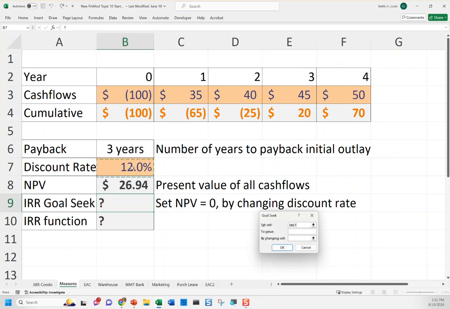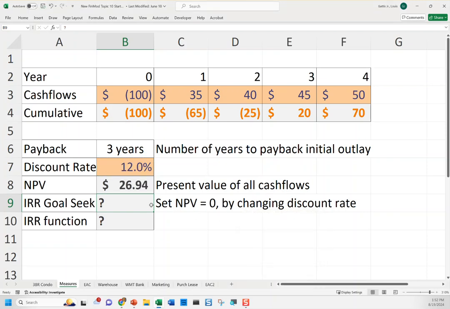We're going to set the NPV to a value of 0 by changing the discount rate, hit OK, and that's 23.5%. I'll hit cancel.